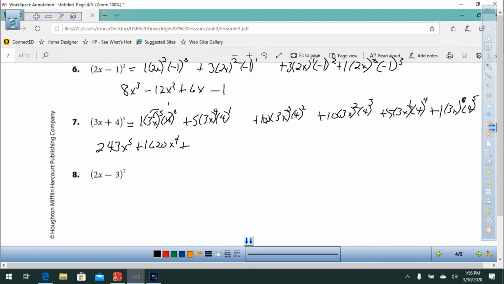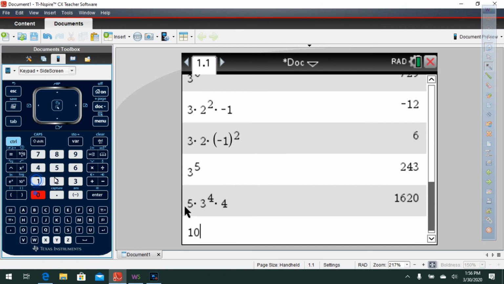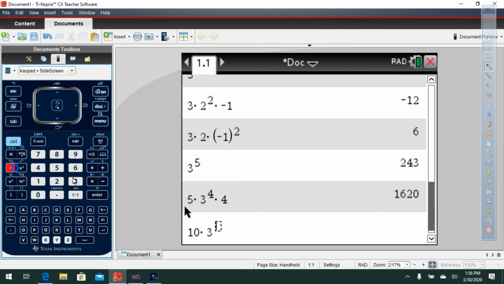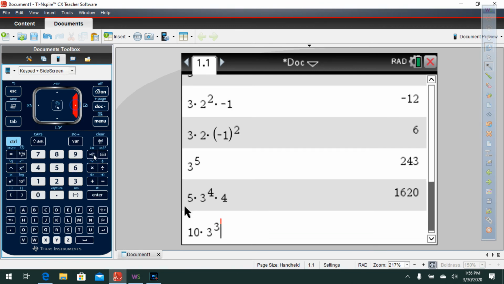And then the third one, we got 10, that's 3 cubed. 10 times 3 cubed times, and what was the last one there? 4 squared.